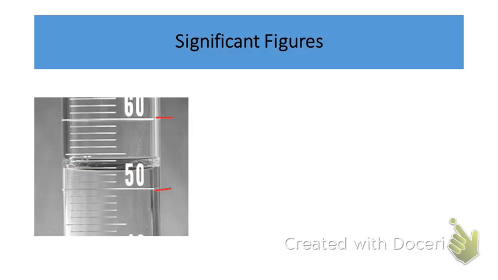Okay, so here let me erase that and let me make this a little bit here. Oops. Alright, something like that. So this mark here is 50, this is 51, and this is 52. Alright, so what we should agree on is that the volume of this liquid is at least 52 milliliters. Alright, but can we estimate a digit? Absolutely.